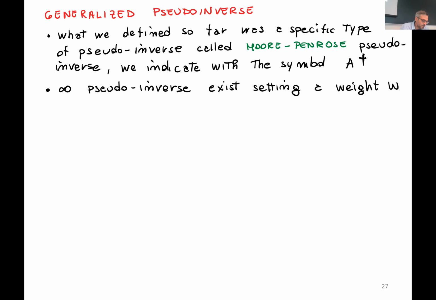Actually, infinite pseudo-inverses exist, but just by setting a weighting matrix into the pseudo-inverse computation. So if you do something like this, we put a weighting matrix W in the computation.